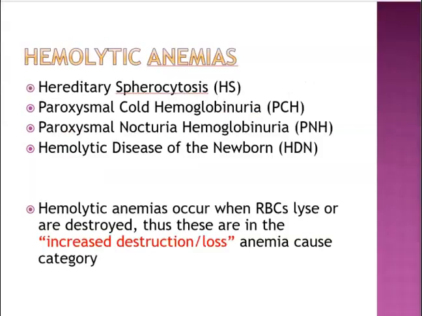defective. The next type of anemias we need to discuss are our hemolytic anemias. We're going to discuss each one of these on the slides coming up, but to list them out, our hemolytic anemias include hereditary spherocytosis, paroxysmal cold hemoglobinuria, or PCH, paroxysmal nocturnal hemoglobinuria, and the hemolytic disease of the newborn.